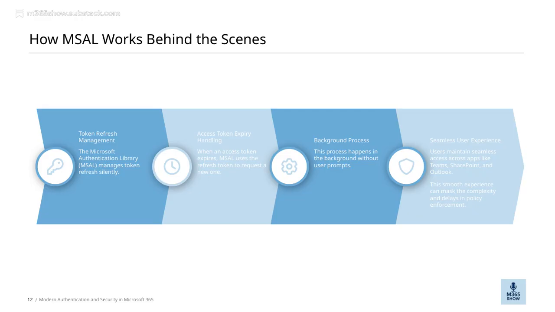Finally, all of this token refresh management is handled silently by MSAL. It manages the entire process behind the scenes, ensuring security and user convenience go hand in hand. So, in summary, MSAL's behind-the-scenes work is what keeps the experience seamless, secure, and efficient for every user across Microsoft 365.